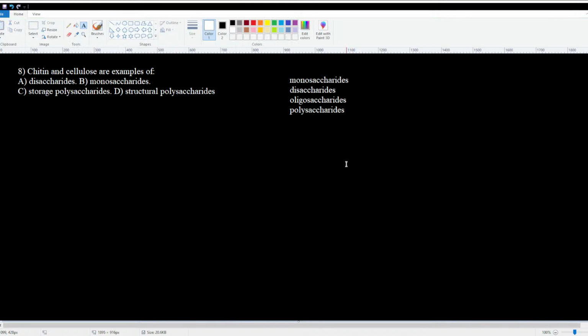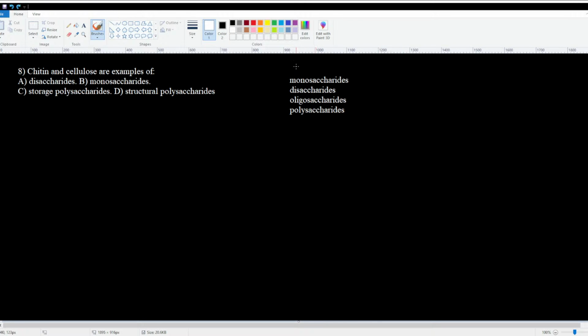So what does this mean? Well, if you look at the prefixes mono, di, oligo, poly, for one, oligosaccharides we don't even talk about in this class, right? So don't even worry about oligosaccharides. But what do these mean?